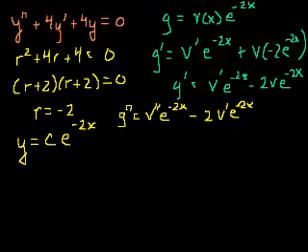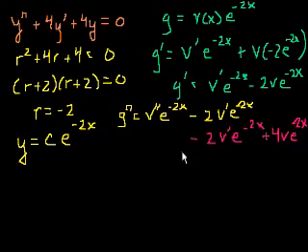And then the derivative of the second expression is going to be, let's see, the derivative of the first one is v prime, so it's going to be minus 2 v prime e to the minus 2x, plus, just a product rule, minus 2 times minus 2, plus 4 v e to the minus 2x. I hope I haven't made a careless mistake. And we can simplify this a little bit.